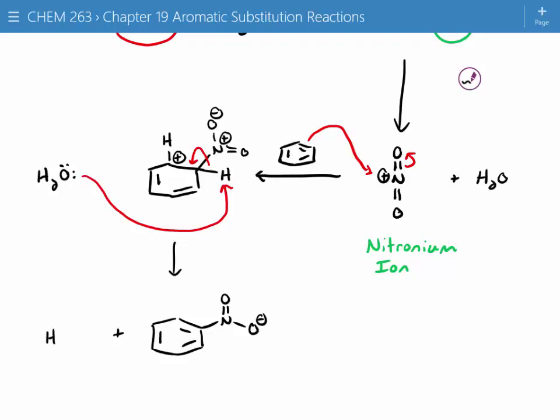Plus, you make some acid that can be reused in the reaction. So it's a pretty straightforward reaction, just like some of the other ones. We'll see some more of these mechanisms tomorrow.